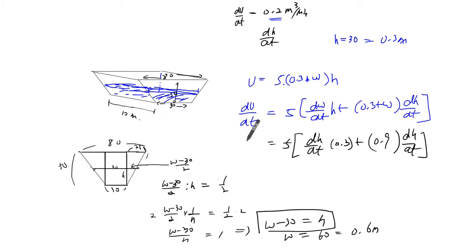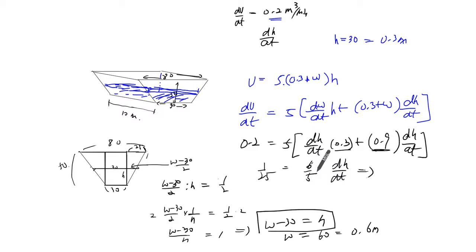And dV/dt was given to be 0.2. So this is 1 over 5, so it's 1 over 25 now. When you divide both sides by 5, 0.3 plus 0.9 is 1.2 dH/dt. This 1.2 is 12 over 10, which is 6 over 5.